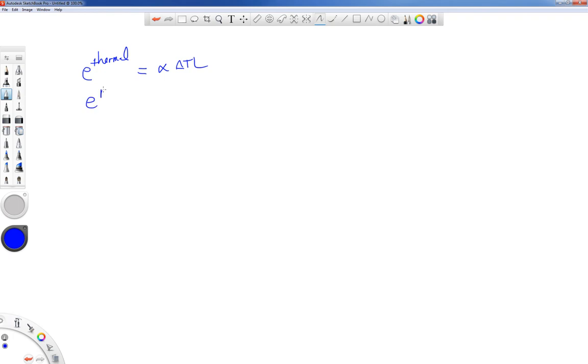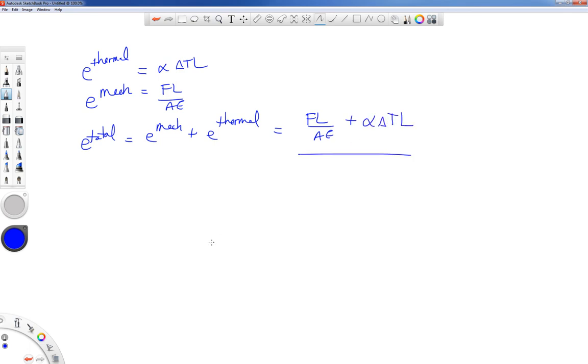Our mechanical deformation is equal to FL over AE. And the total deformation is made of 2 parts. The mechanical plus the thermal. So this will be FL over AE plus alpha delta TL. Okay, so that's the important thing I want you to understand.